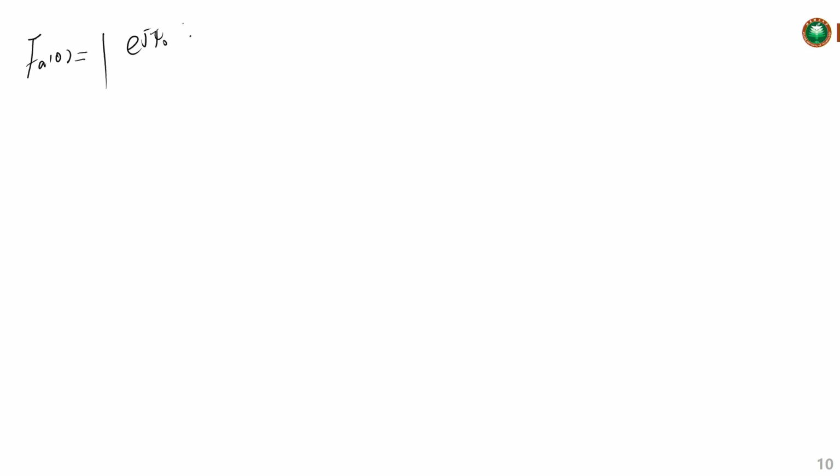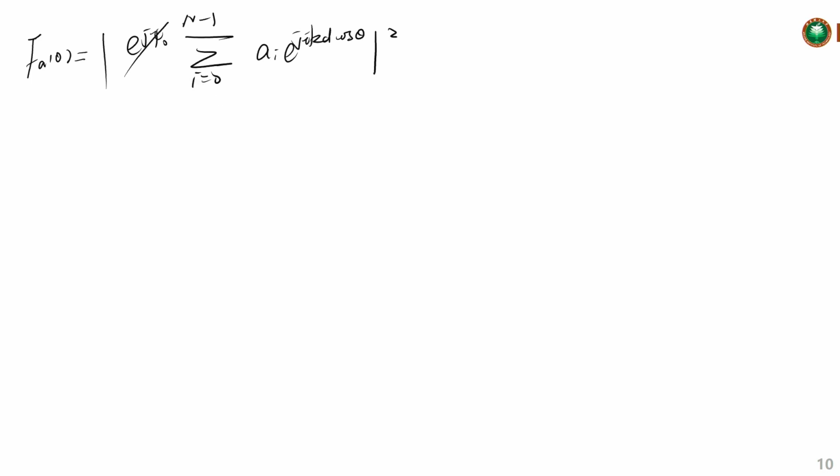So it is constant. Sum from i equals 0 to capital N minus 1 of a_i e^(jikd cosine theta) square, right? And in the absolute value, this part equals 1, so we only have this term now.